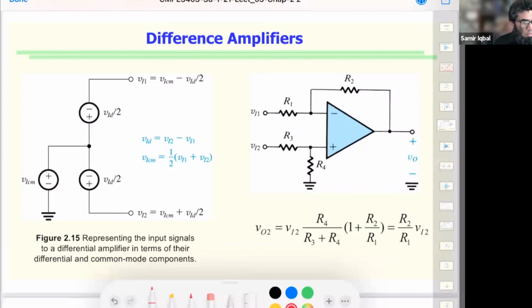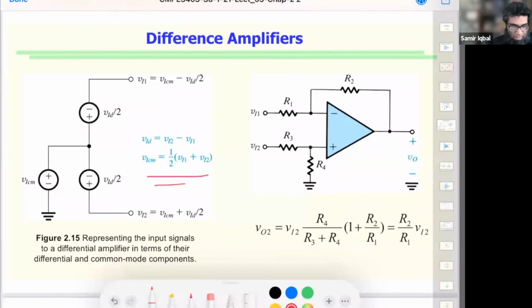So it responds to the difference between two signals and rejects the common signals. Going back to the discussion we had before, it can look at the signal and get rid of the common mode signal, and it would amplify only the differential signal.